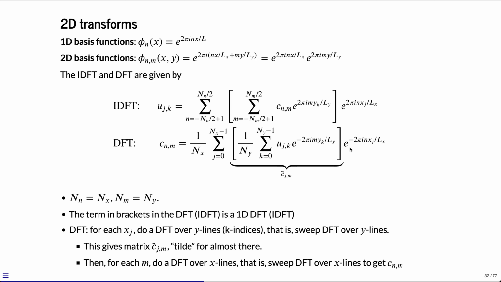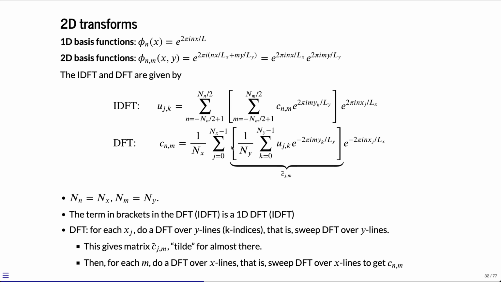That's really convenient, and it makes 2D transforms a straightforward extension of one-dimensional transforms. Notationally, I'm using N_n and N_x just to highlight the bounds, and whether I'm summing over a physical index or a spectral index. But of course, the number of modes N is the same as the number of grid points N_x, and similarly for y, M, and N_y.